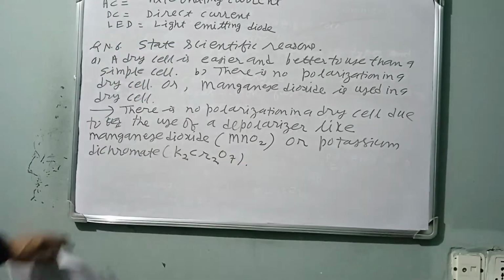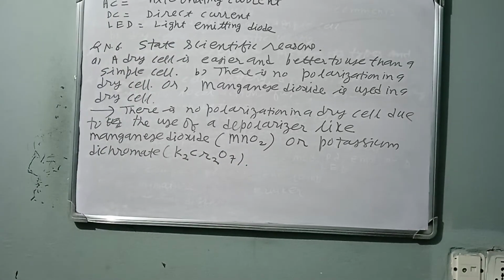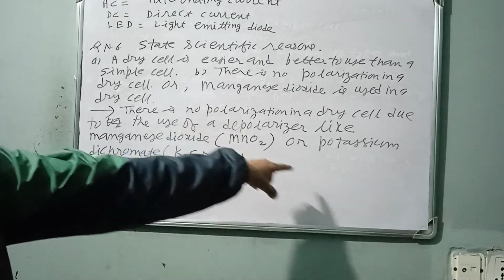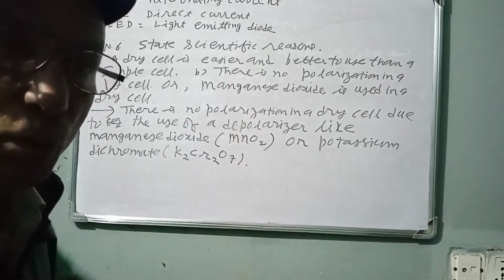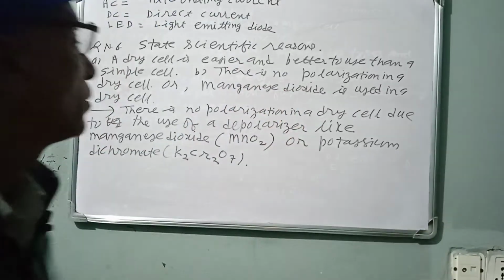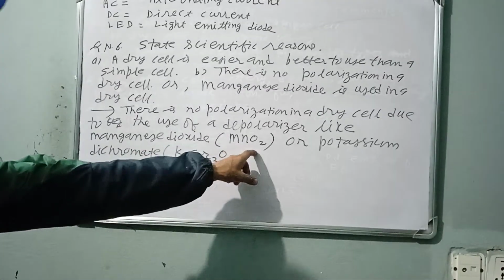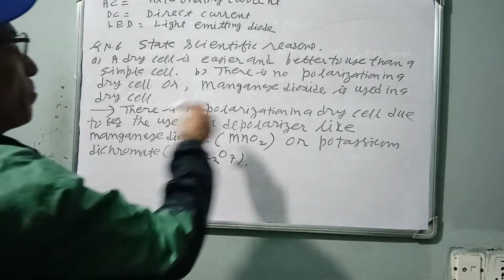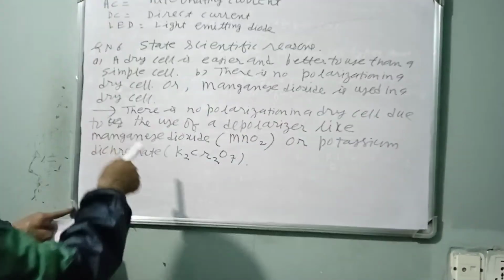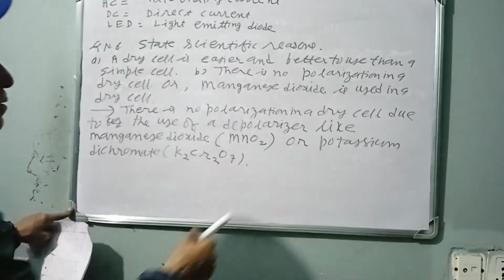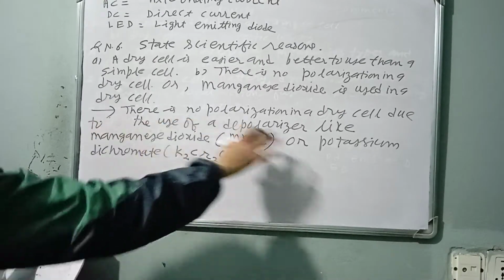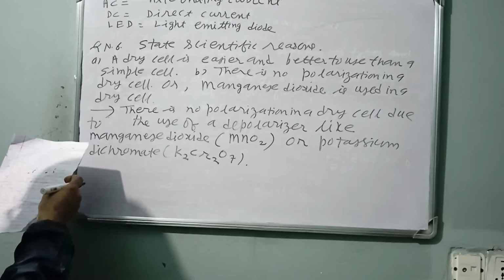Because class 8 students, after about 2 months you are going to study class 9 secondary level, and have to study many things there. So now you must study this. Manganese dioxide is used in a dry cell to avoid what? The defect of polarization.